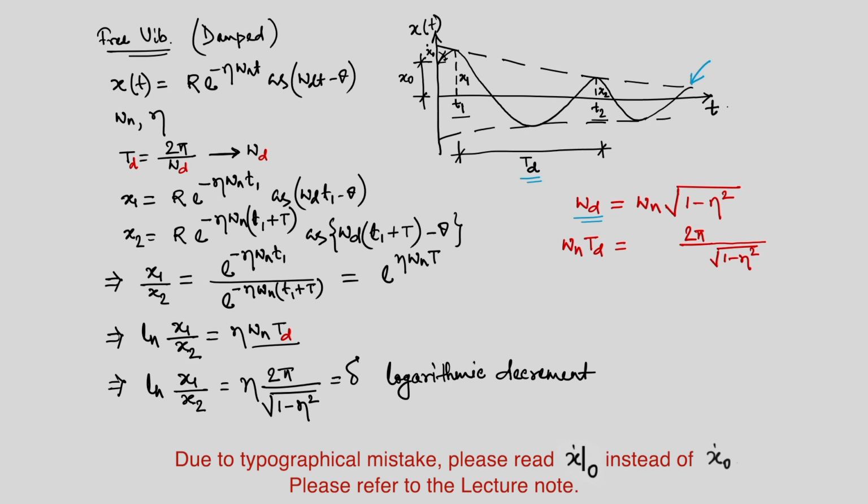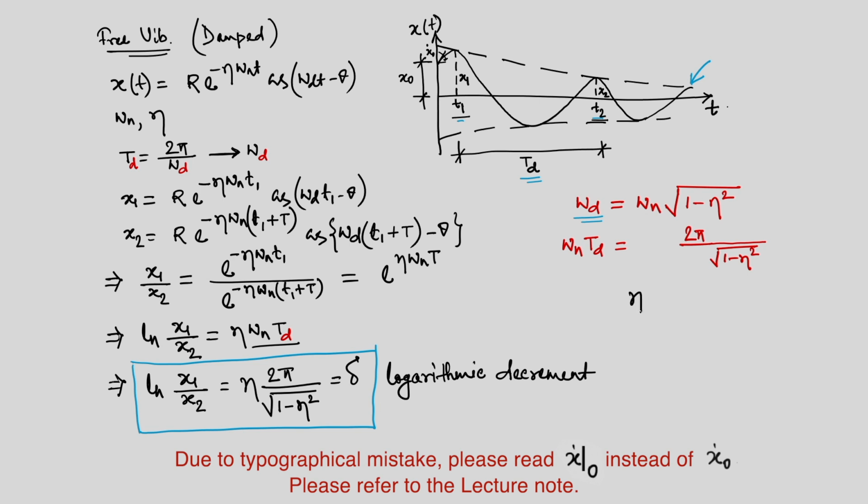And then if we consider two time points T1 and T2, then using the displacements at T1 and T2, that is x1 and x2, we can develop this expression on your screen, and using this expression we can find out the value of eta. This is called logarithmic decrement.